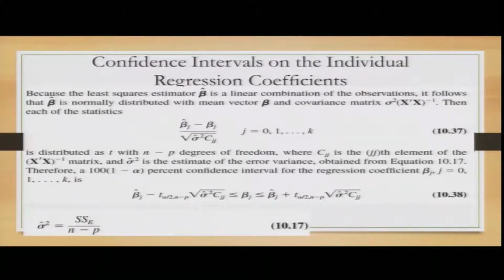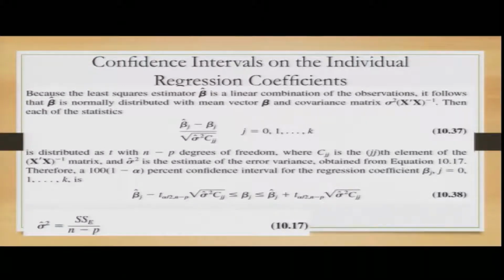Now, if you want to consider the interval estimation of the individual regression coefficients, because the least squares estimate beta hat is a linear combination of the observations, it follows that beta hat is normally distributed with mean value beta, according to the concept of unbiasedness.